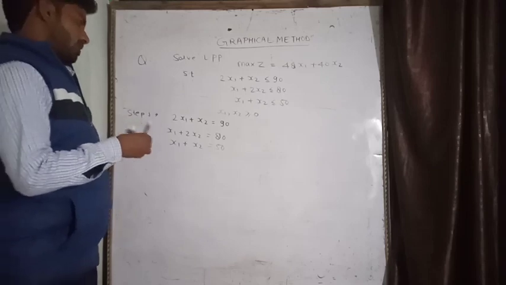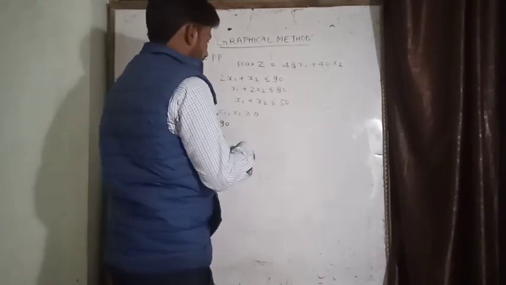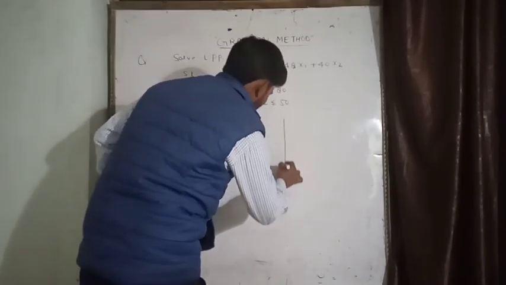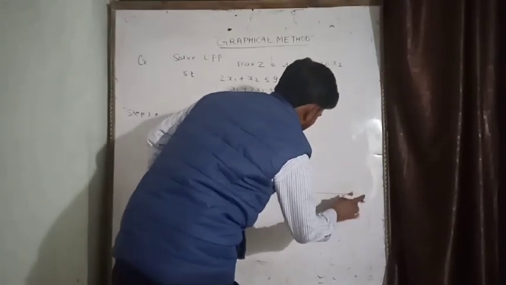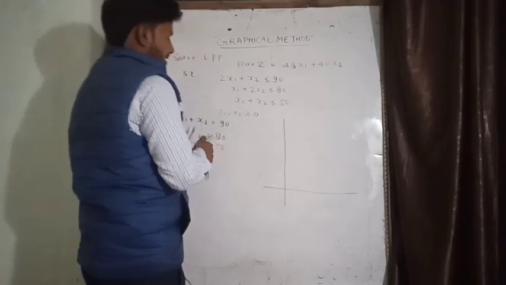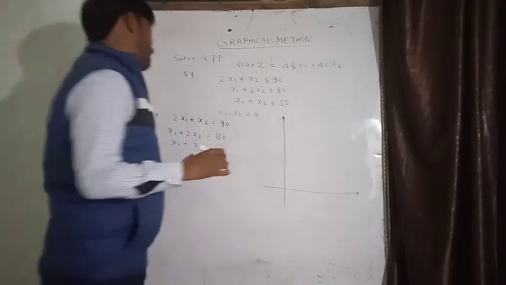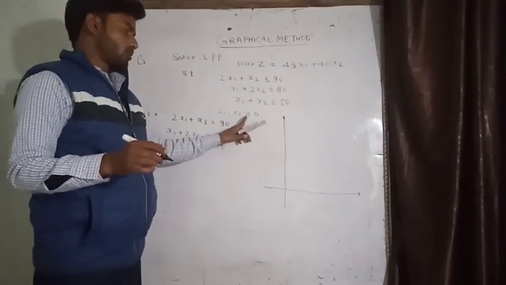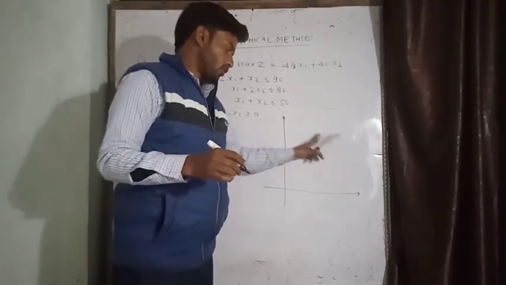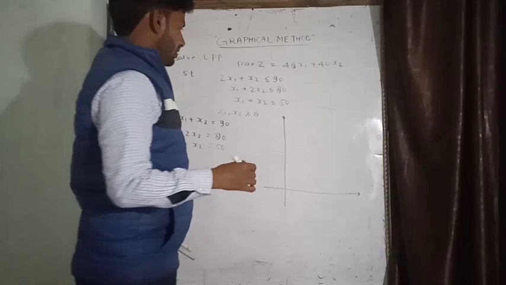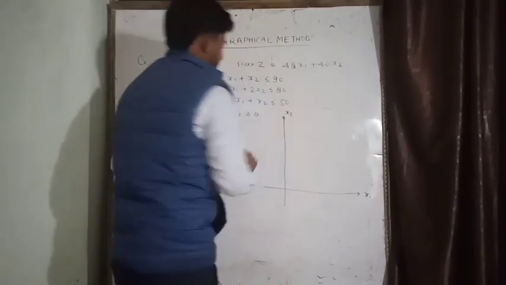Now we draw these equations on the xy plane. Here it is given that the restriction is x1, x2 greater than or equal to 0. So we take only the first quadrant, where this is denoted by x1 and this is x2.